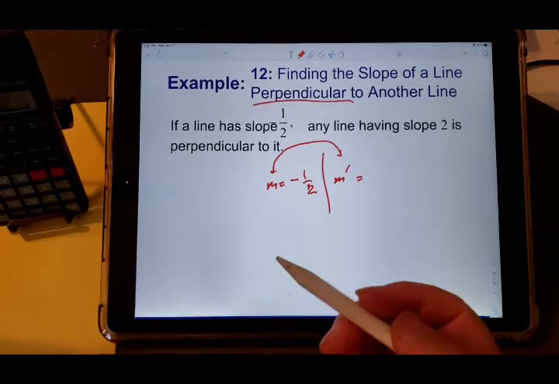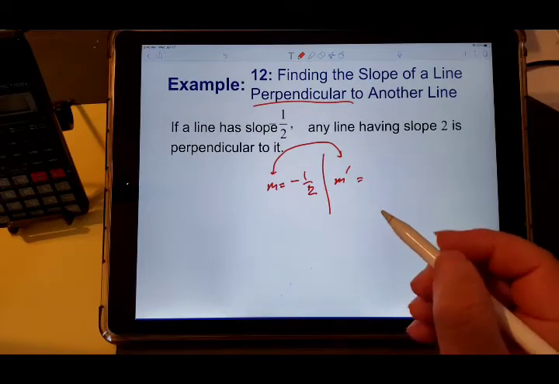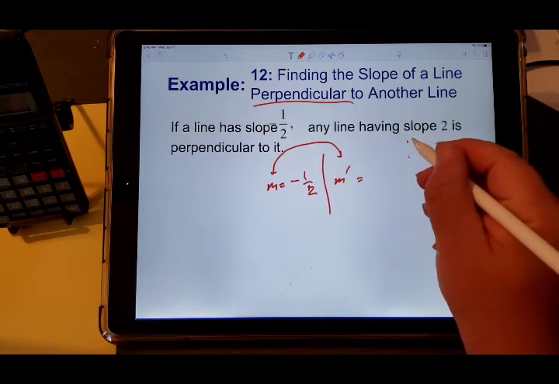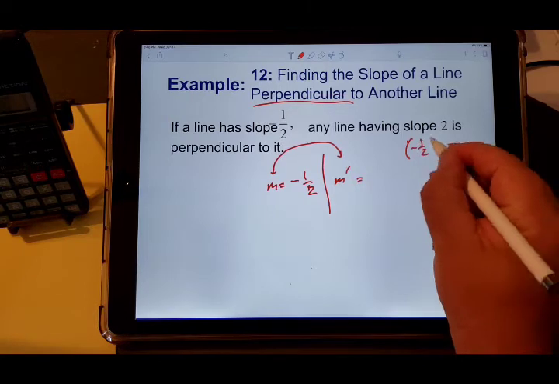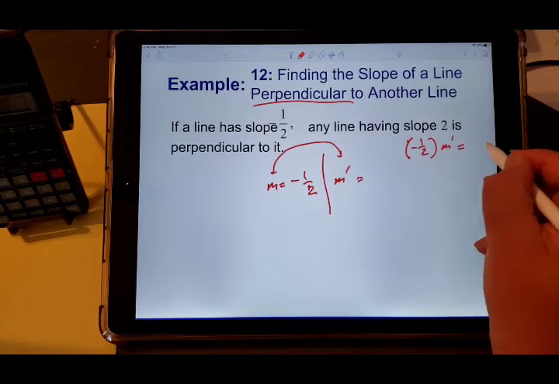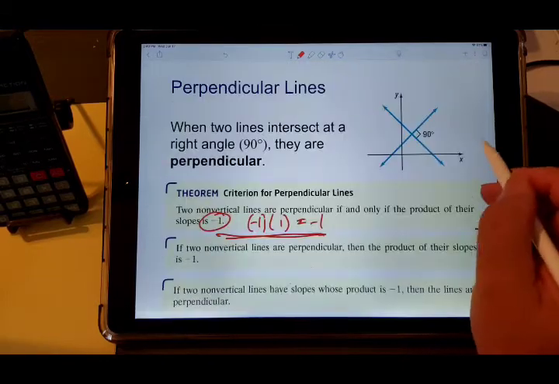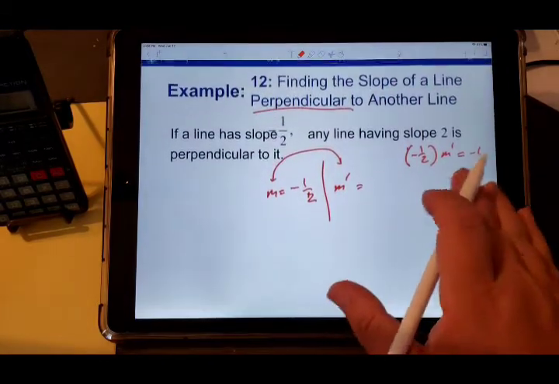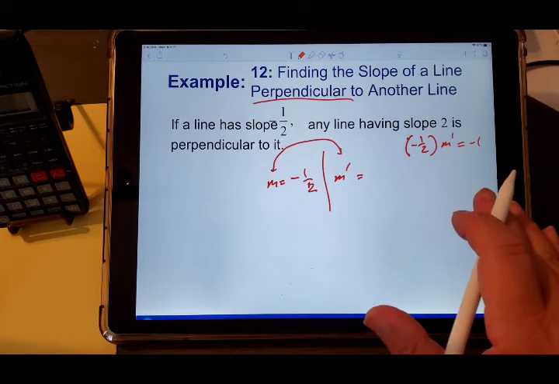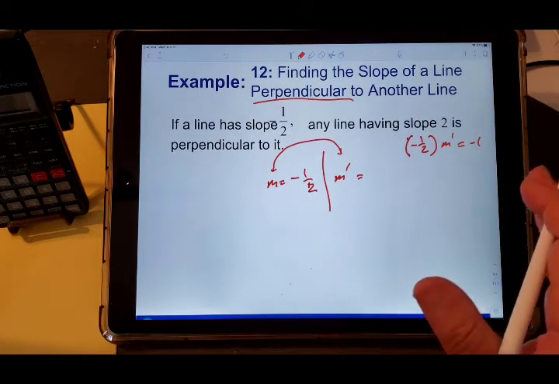Well, you can go with what they said and think mentally, negative 1/2 times m prime has to equal negative 1. Remember the formula, the two slopes multiplied equals negative 1. I wouldn't recommend that as a thought process because there's an easier one.